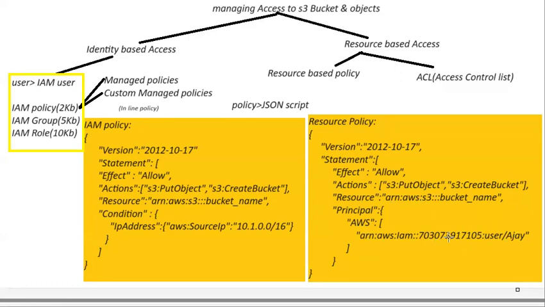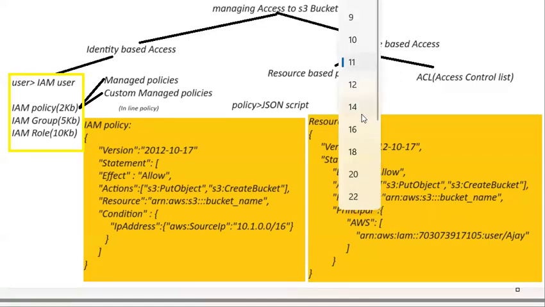So now the question is, can I provide this bucket access to external account users as well? That means the users do not belong to my account. The users belong to an external account. For those types of users, can I provide access to my resource?